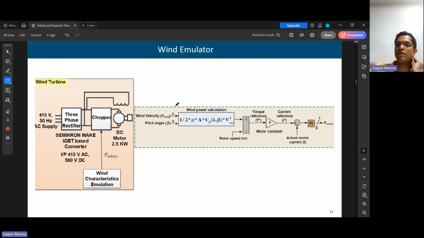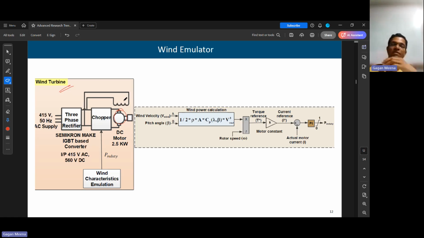So this is the control for the DFIG based wind emulator. Here we have the wind turbine, and here we have the DC motor which drives the induction generator.